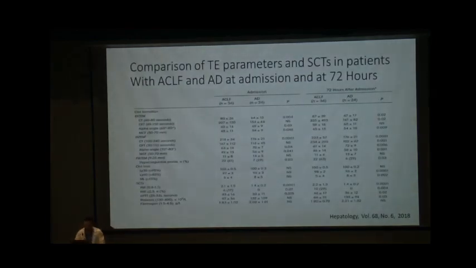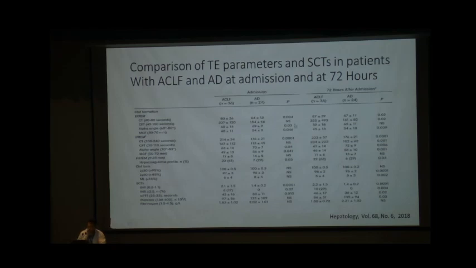So now we'll move towards the ACLF part, acute decompensation progressing to ACLF. There's a distinguishing feature which was noted between ACLF and the patients who are having acute decompensation. There's an increased clotting time, increased clot formation time, and decreased velocity of clot formation, which were noted in patients with ACLF as compared to acute decompensation.